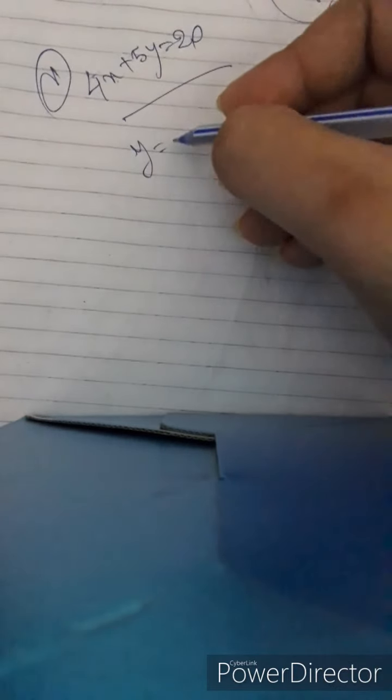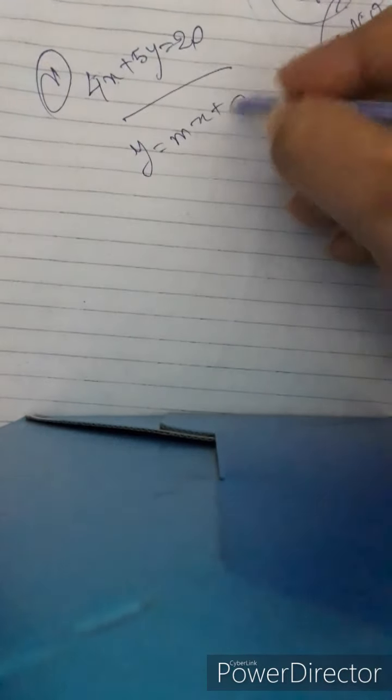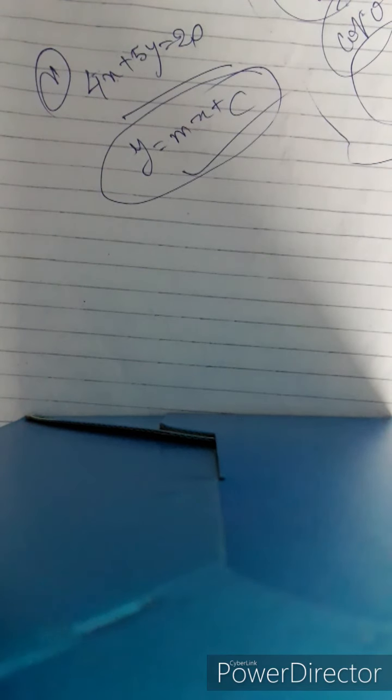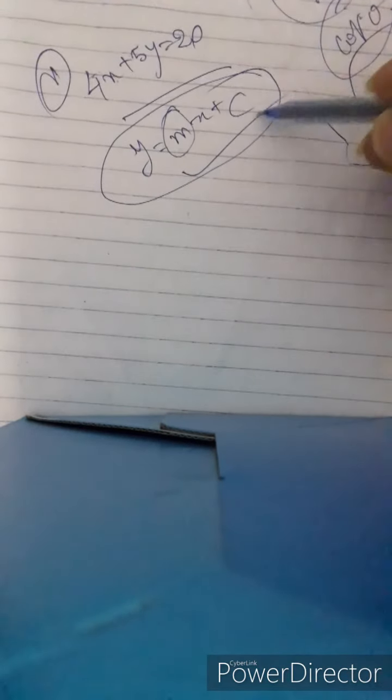So we'll take it in the form of y. You know the equation of a straight line is in the format y equal to mx plus c. I hope you have done this equation in previous chapters, y equals mx plus c, where m is the slope and c is the y-intercept. Let's take it in the format.